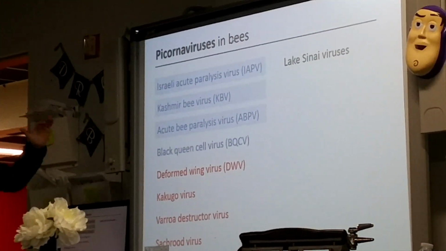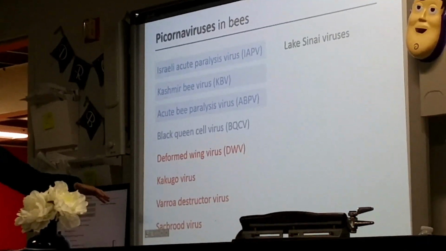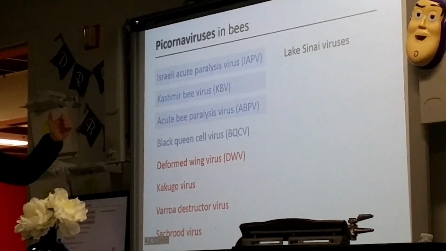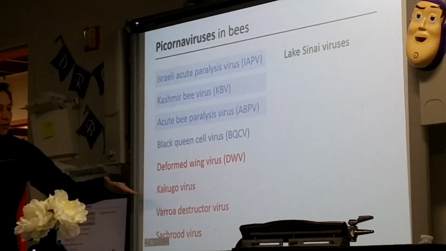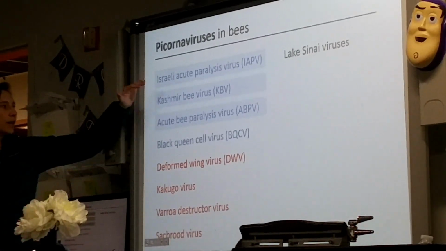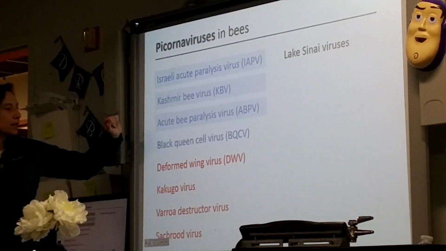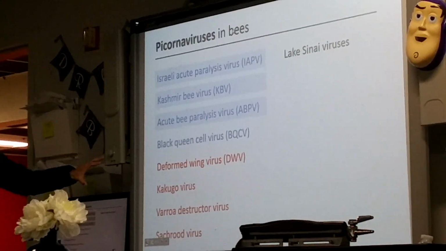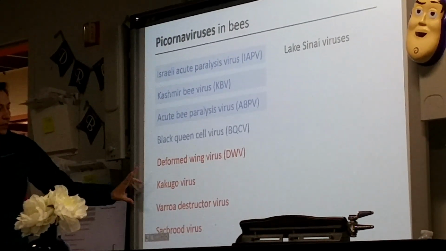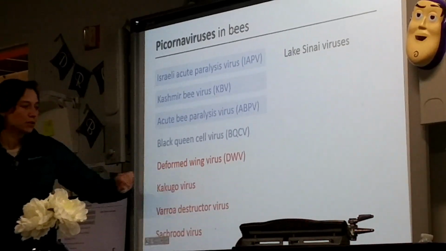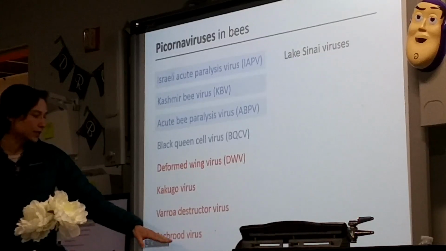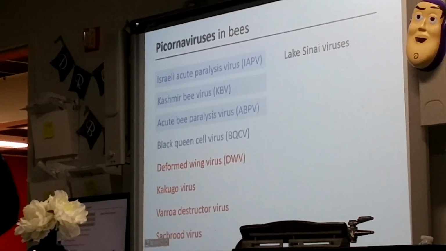So here's a list of most of these picornaviruses that are in honeybees, and I've colored these to give you an idea of the ones that are related to each other. We have various types of bee paralysis viruses that are related. Deformed wing virus, Kakugo virus, and Varroa destructor virus are related to one another in terms of sequence and function. And some others, sacbrood virus, slow bee paralysis virus.